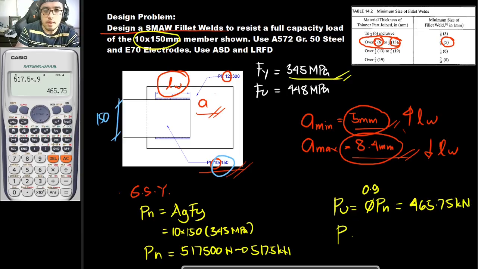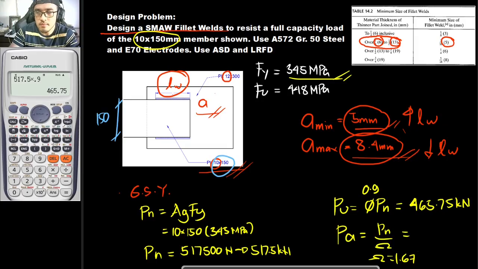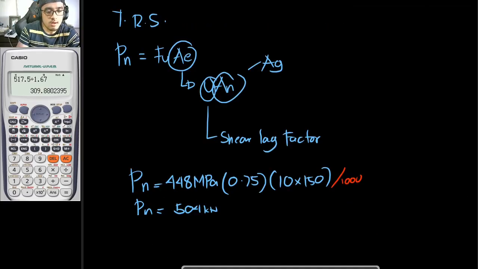And for our PA, this is equal to PN over omega, and our omega is equal to 1.67. So solving for that, 517.5 divided by 1.67 is 309.88 kilonewtons.